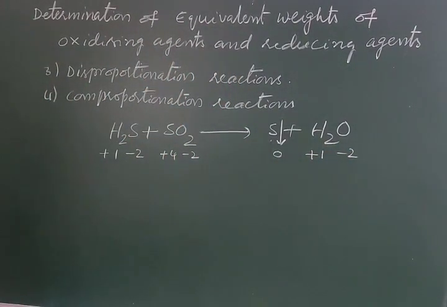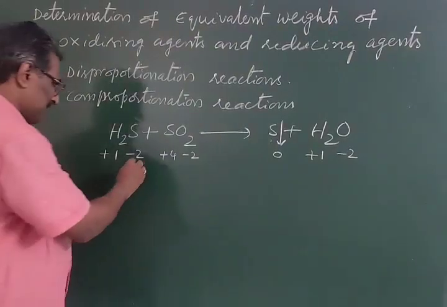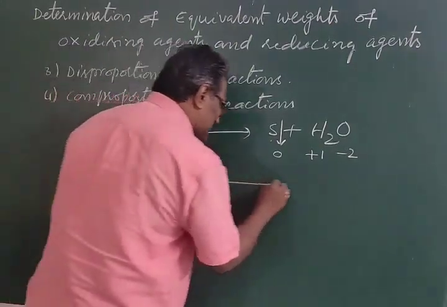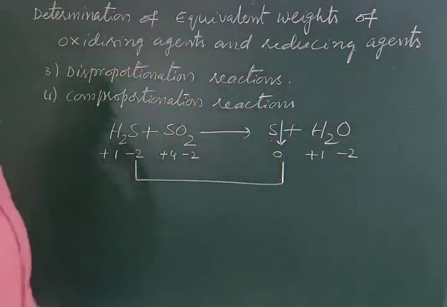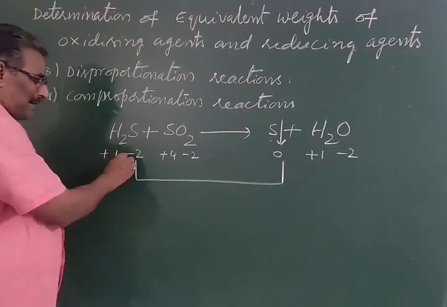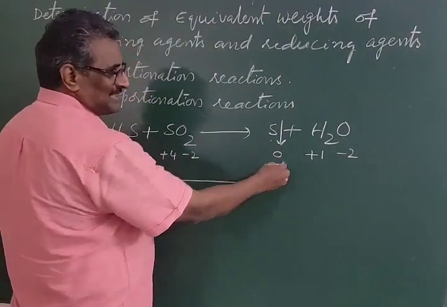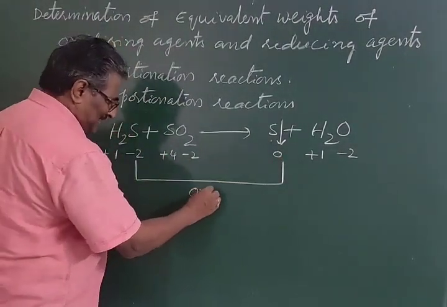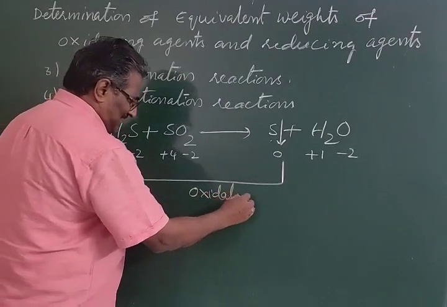There is no change in the oxidation states of hydrogen and oxygen. Only the oxidation state of sulfur is changed. Minus 2 oxidation state in H2S changed to 0. That is an increase in oxidation state. It is nothing but oxidation.